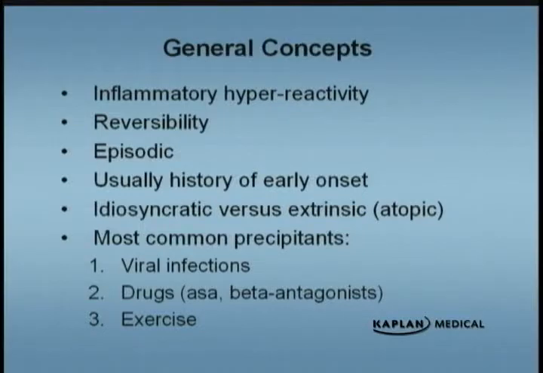The other thing that we see is that we usually get a history in asthma of early onset. Most of the cases that we see, usually they have the onset when they're children, and then it goes into adulthood.